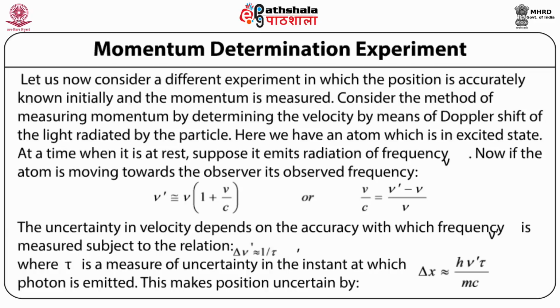This makes position uncertain by delta x is approximately equal to h mu prime tau by mc, where h is the Planck's constant, mu prime is the observed frequency, tau is the measure of the uncertainty in the instant at which the photon is emitted, m is the mass of the atom, and c is the velocity of light.